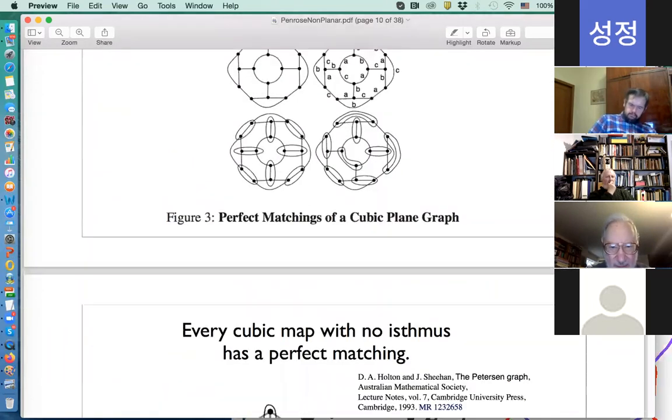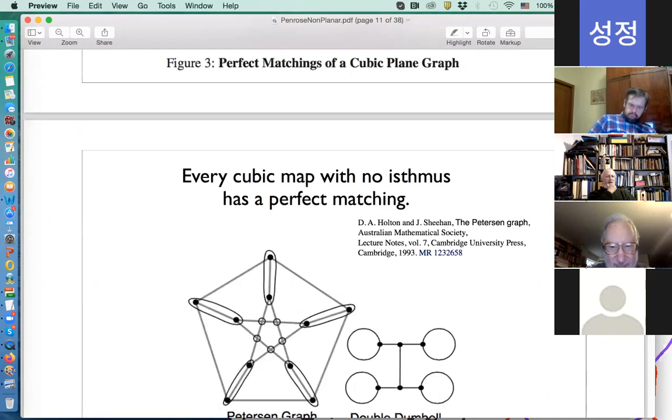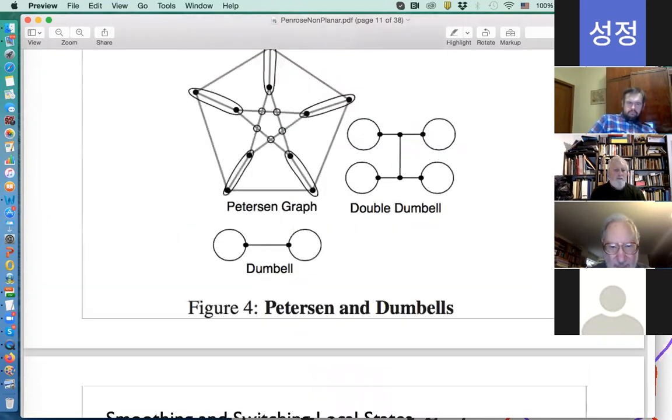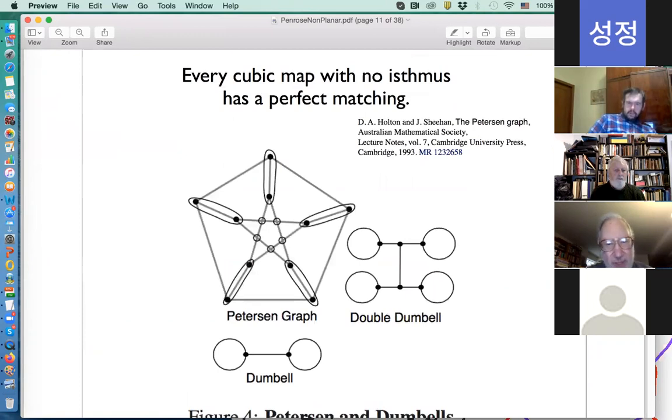And about the perfect matchings. Here's a nice trivalent graph that isn't planar, the Petersen graph. It happens to be uncolorable.